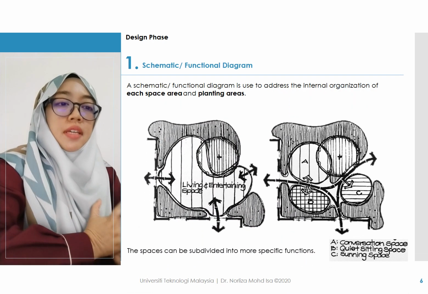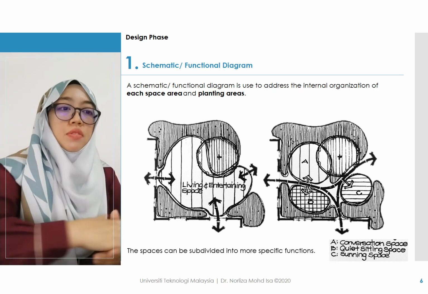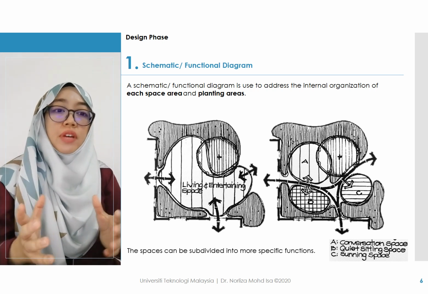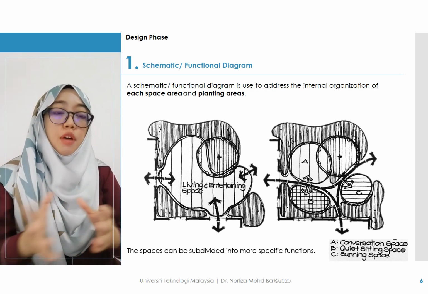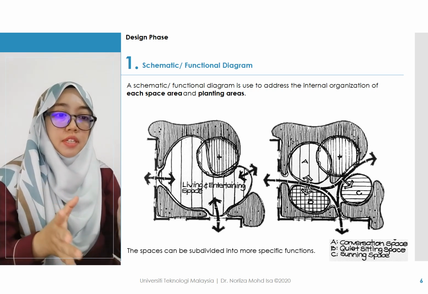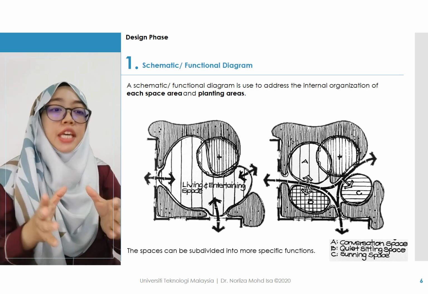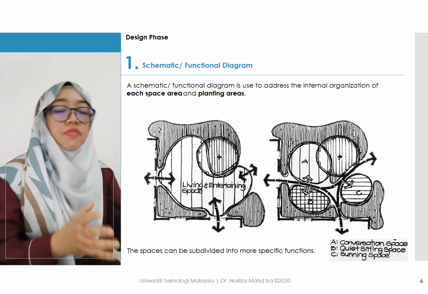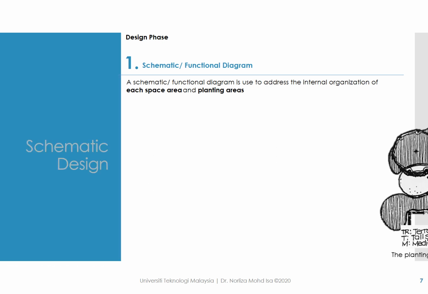A schematic or functional diagram is also used to address the internal organization of each space area and planting area. For example, the images show you the spaces can be subdivided into more specific functions.